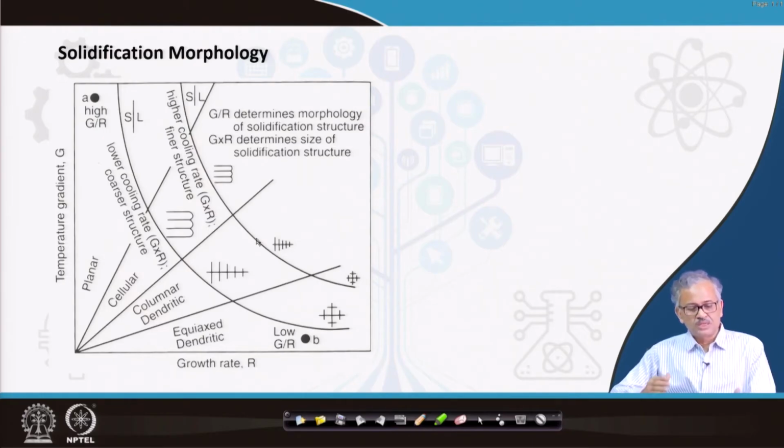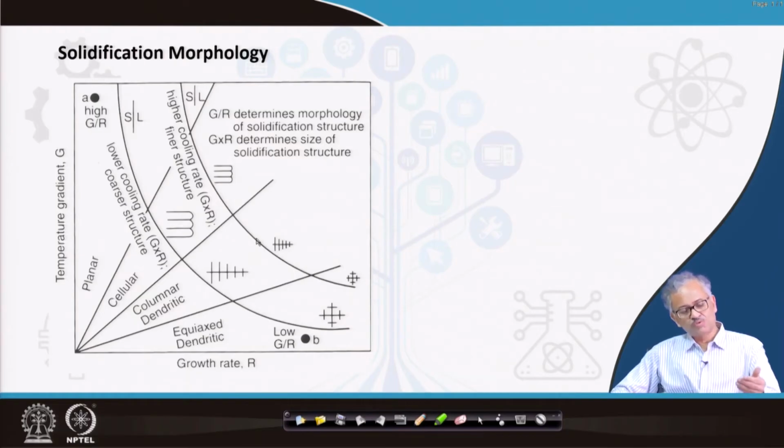So GR basically gives the scale of solidification substructure. If the cooling rate is lower, it allows diffusion significantly and the structure becomes coarser. And if the cooling rate is fast, then the structure becomes finer.